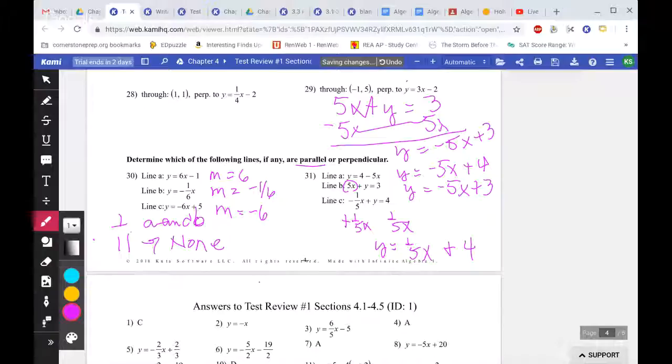So that tells me lines A and B are parallel. And lines A and B are perpendicular to C. Or C is perpendicular to A and B, however you want to word it.